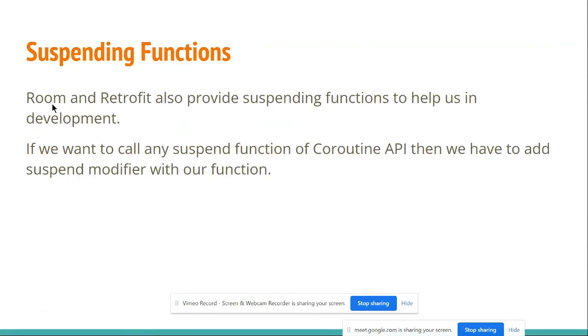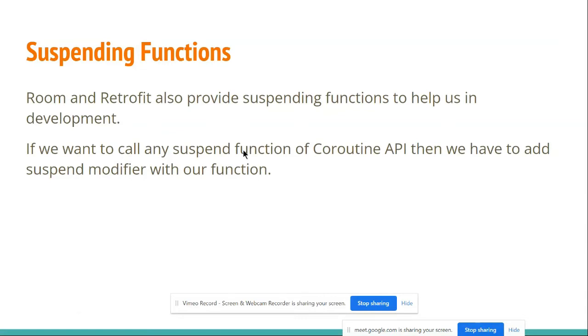Suspending function. Probably we have used Room and Retrofit sometimes in our application. They are also using these suspending functions. Room and Retrofit also provide suspending functions to help us in development. Behind the scenes, we are only implementing the dependencies of Room or Retrofit, but they also have suspending functions to make development easy.